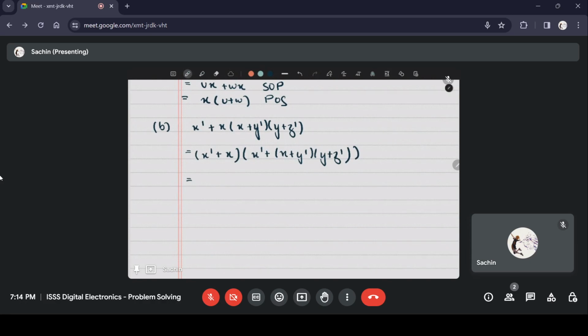First term will become just 1. Again, you can use the distribution of addition over multiplication to write this as x prime plus x plus y prime and x prime plus y plus z prime. So the first term will become 1 again. So you're left with x prime plus y plus z prime.